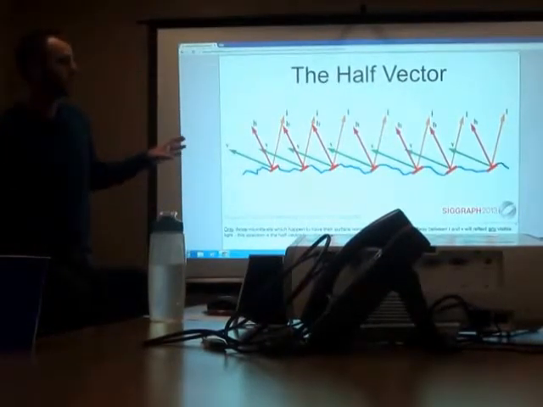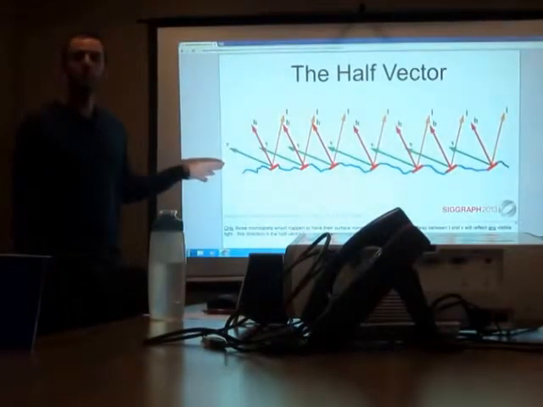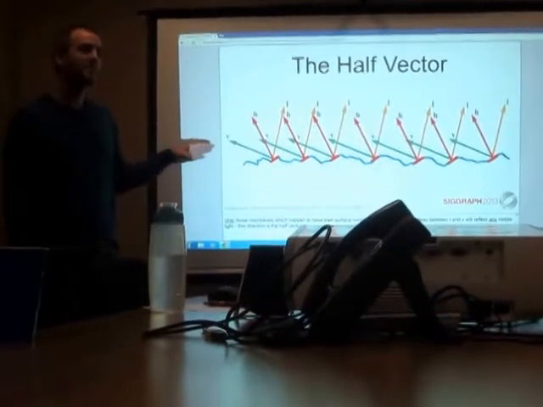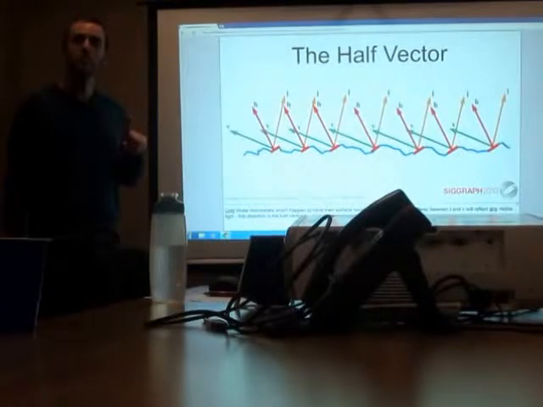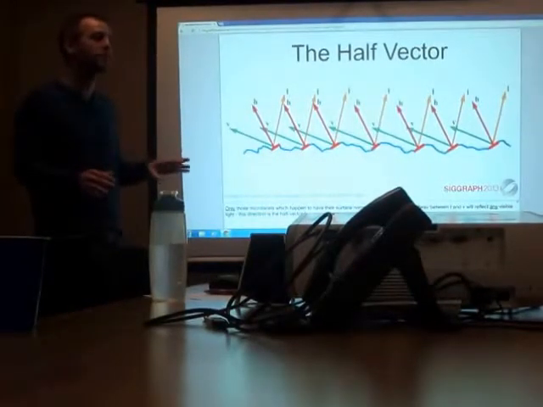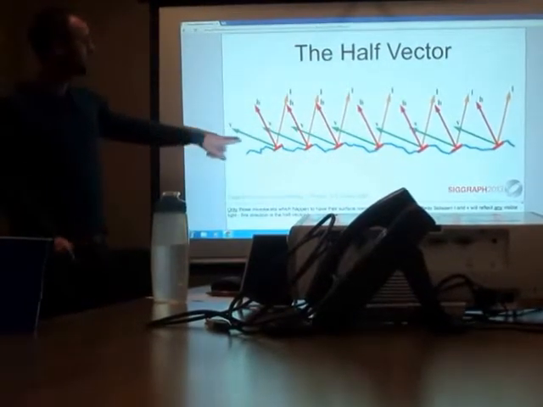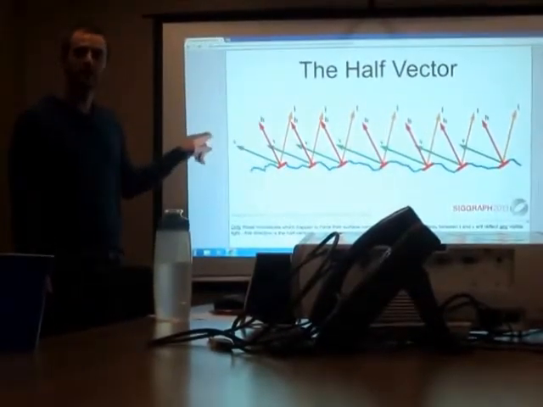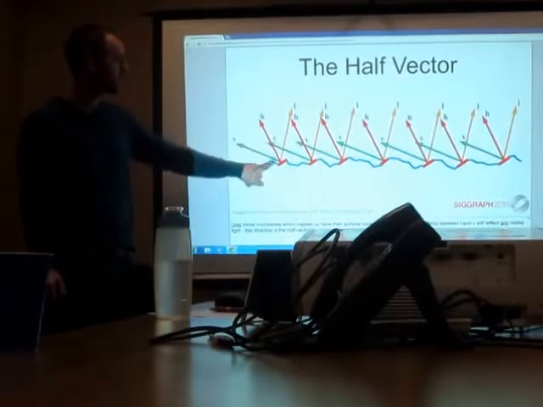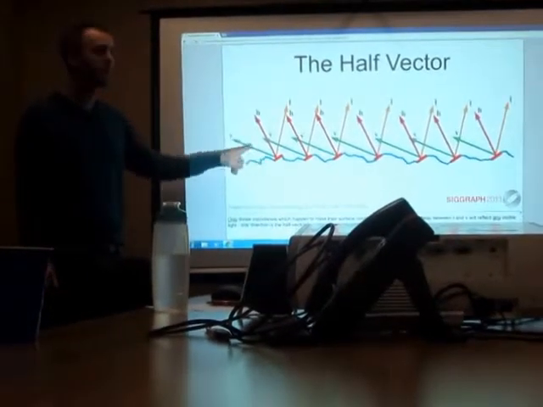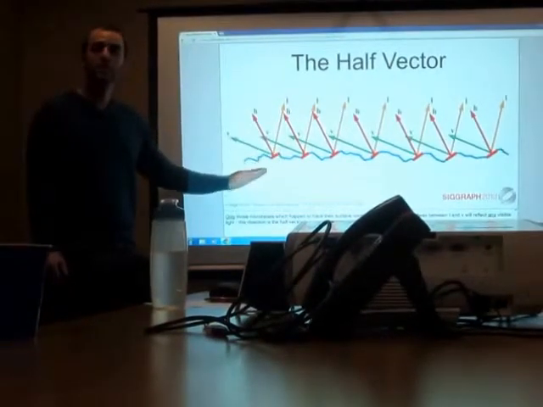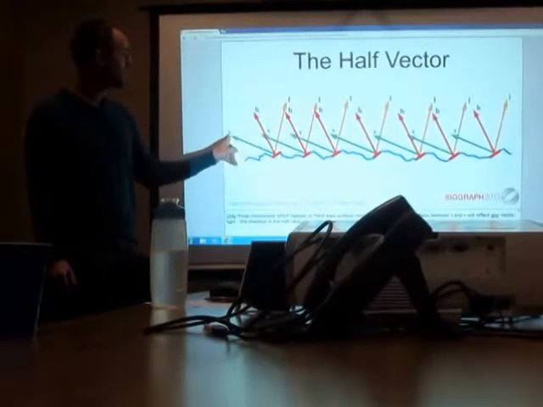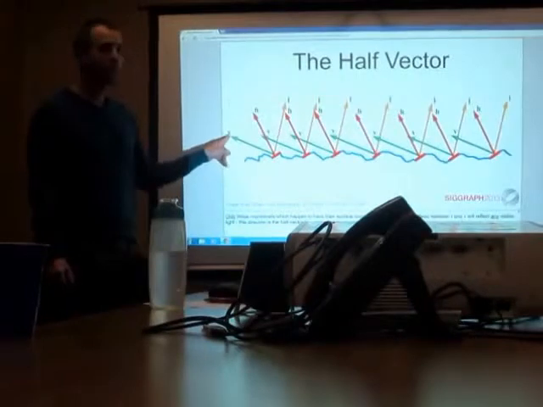And the important thing, right, so when I said micronormal, that's because it varies. It's not the same as the surface normal. There's only one surface normal for your low poly mesh. But the normal that will reflect light off of a mirror in a given direction, right? If the light is coming from this direction and we were viewing from this direction, there's only one normal. And it's the normal that's halfway between the light direction and the view direction.